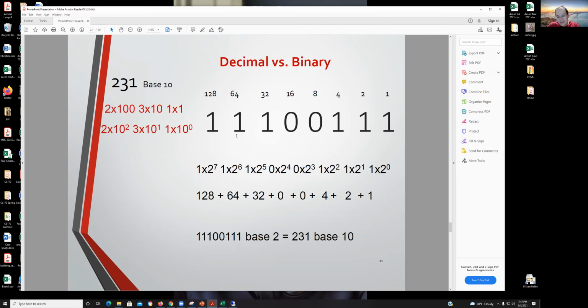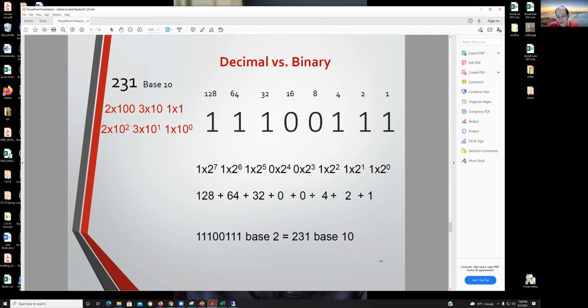And so for each of the places that you have a 1, you basically would add them all together, right? And so you can see there's 2 zeros here, right? The 0 for the 16 spot and the 8 spot, right? That's how come this became 0 here and this became 0 down here. Okay, but all the other spots that have a 1, you basically get the equivalent of what you had up here, right?